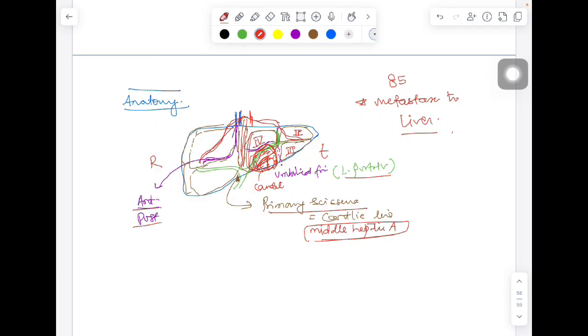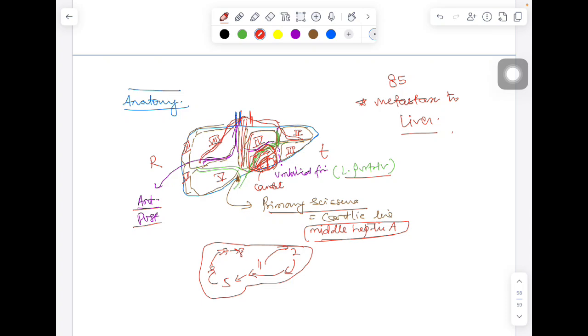Then here we go, 5th. Behind the 5th is the 6th. Then above the 6th is the 7th, and this front is the 8th. So the sequence goes 1, 2, 3, 4, 5, 6, 7, 8. So this whole sequence of liver parts is there.